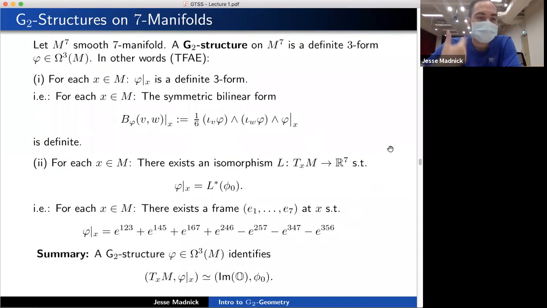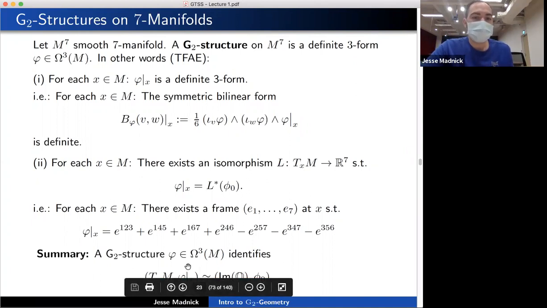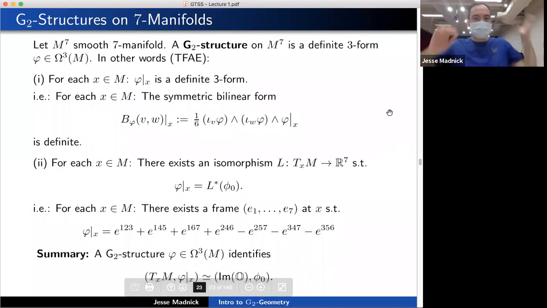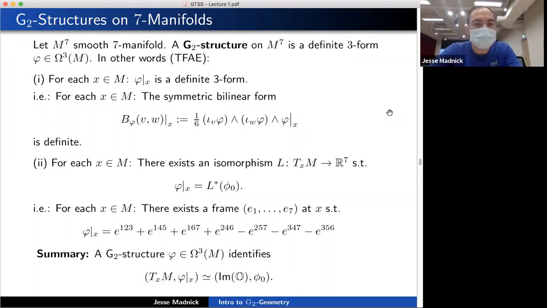Okay, so the upshot is that this gives a very concrete geometric way of thinking about what a G2 structure is. It's basically an identification of each tangent space with the imaginary Octonions. So you think of each tangent space as the imaginary Octonions, and the identification is such that to 0th order, phi at x looks like the flat associative 3 form phi0. Okay, that's basically the idea.